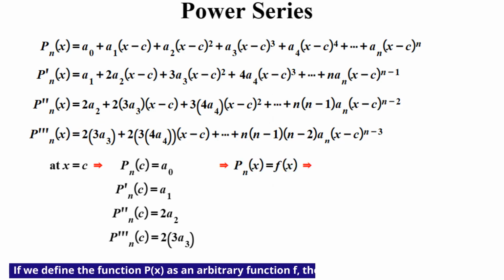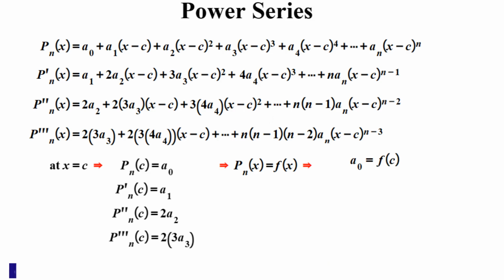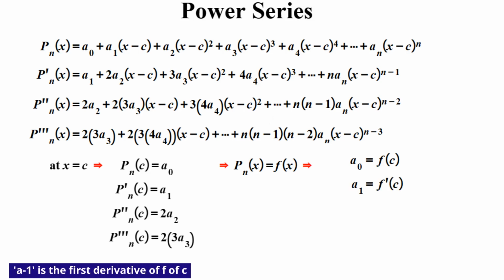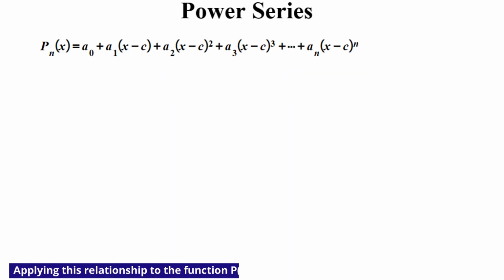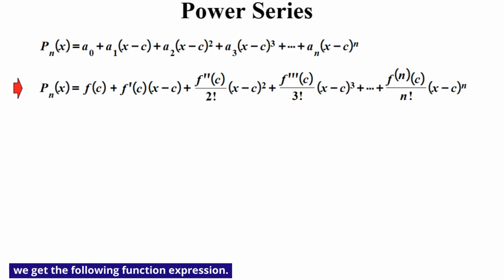If we define the function p(x) as an arbitrary function f, then a0 is f(c), a1 is the first derivative of f at c, a2 is the second derivative of f at c over 2 factorial, a3 is the third derivative of f at c over 3 factorial. Applying this relationship to the function p(x), we get the following function expression.